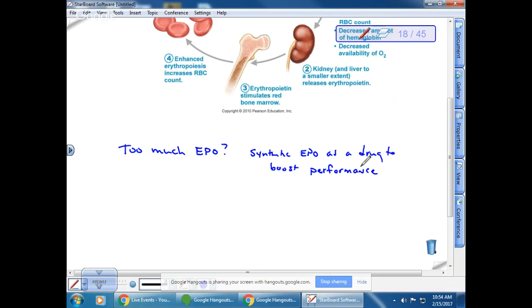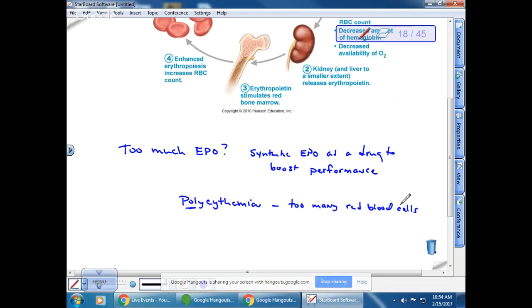Okay. Then what happens is you get what is called polycythemia. Poly means too many, so this is too many red blood cells. Polycythemia. So it's like the opposite of anemia, in some cases of anemia, okay?